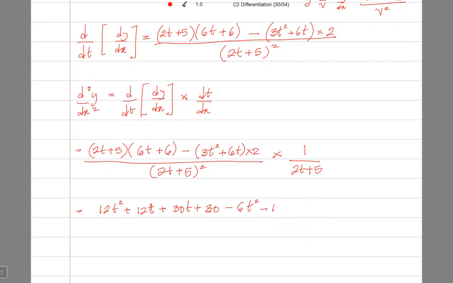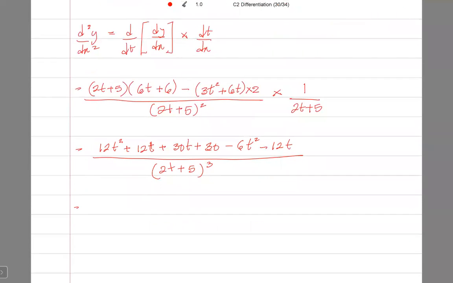This is all over 2t plus 5 to the third power. I hope you see why, because you have 2t plus 5 squared multiplied by 2t plus 5, so that's 2t plus 5 cubed.